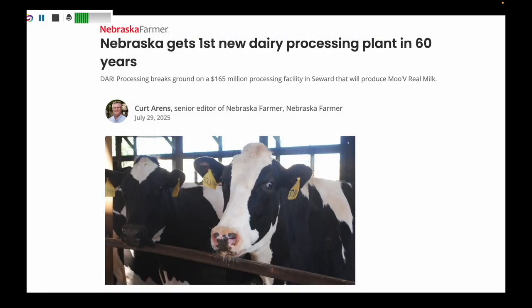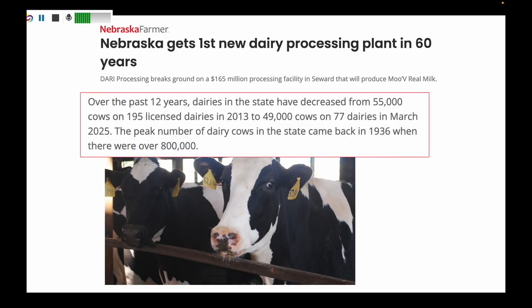And this is more recent news: we've got a new dairy processor in this area, and that's really important. If you're going to be a producer in the food system, you need processors in the food system. The trend has been to have fewer dairy cattle and fewer dairies in Nebraska. The dairies, therefore, are getting bigger and are managed as a bigger agricultural operation.